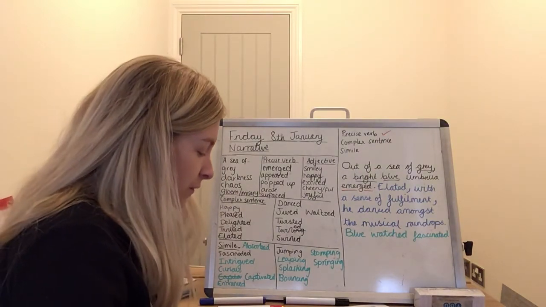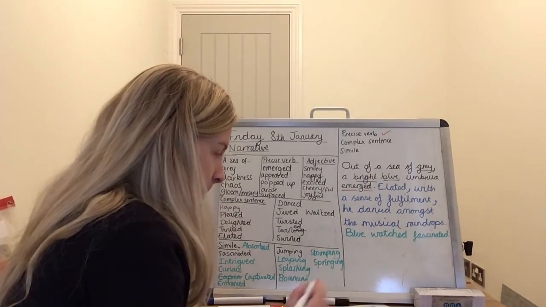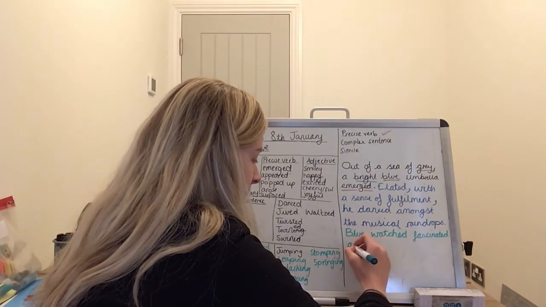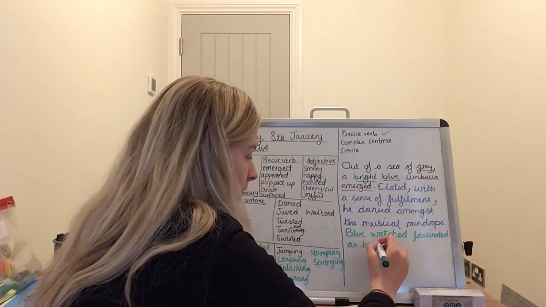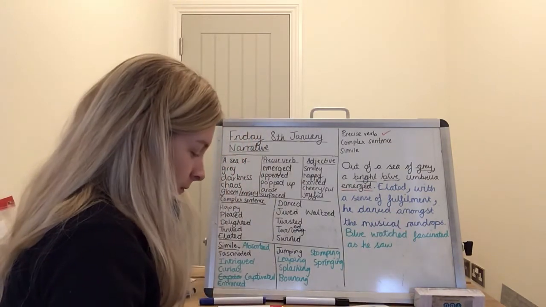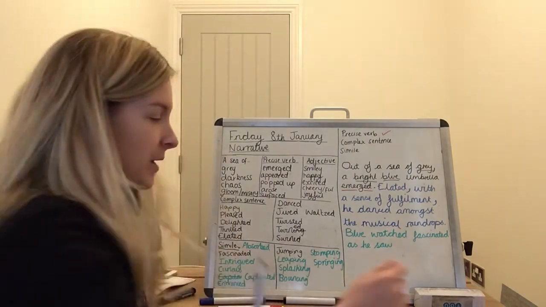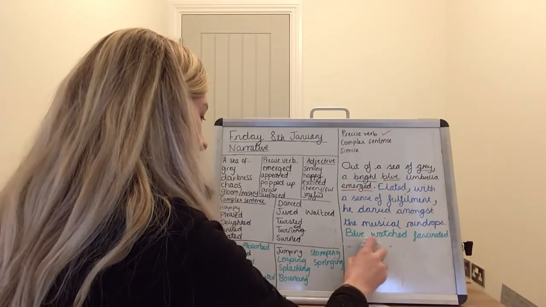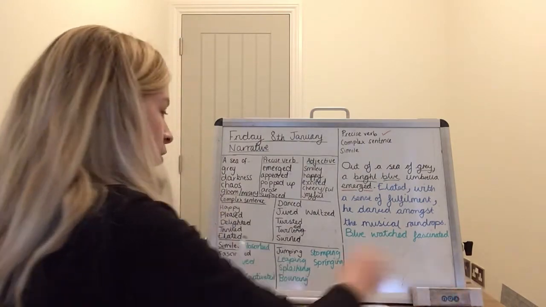Blue watched, fascinated, as he saw what? I'm going to make that even better. I'm going to not do that just yet. I'm going to write 2 of these words.